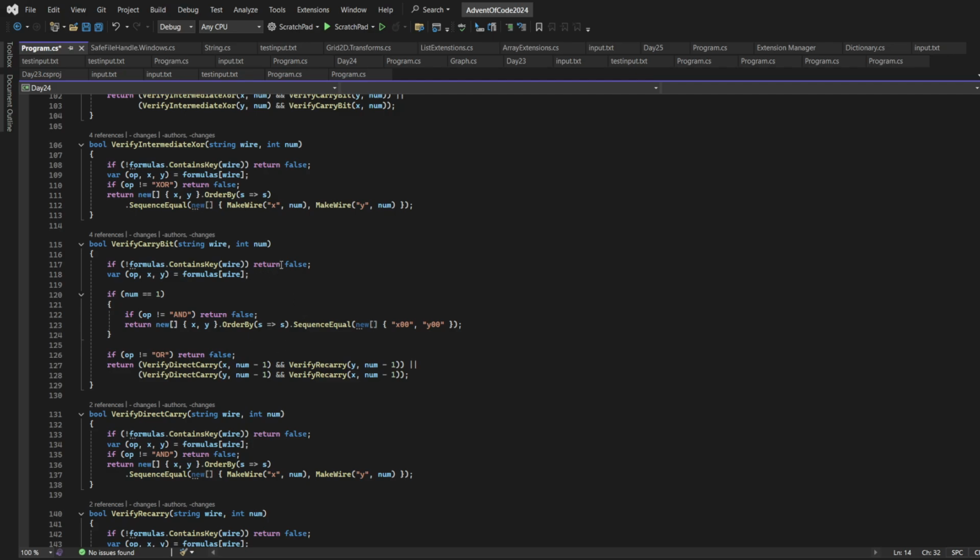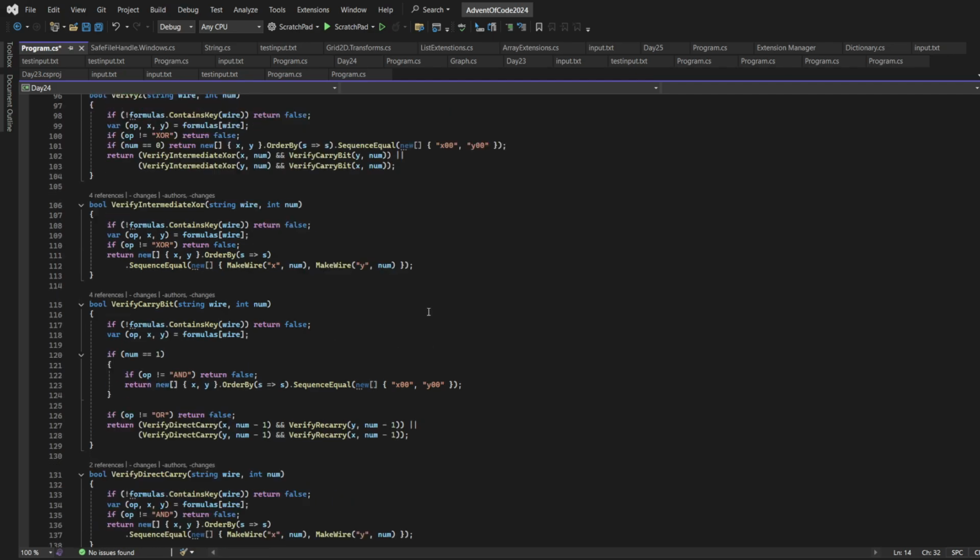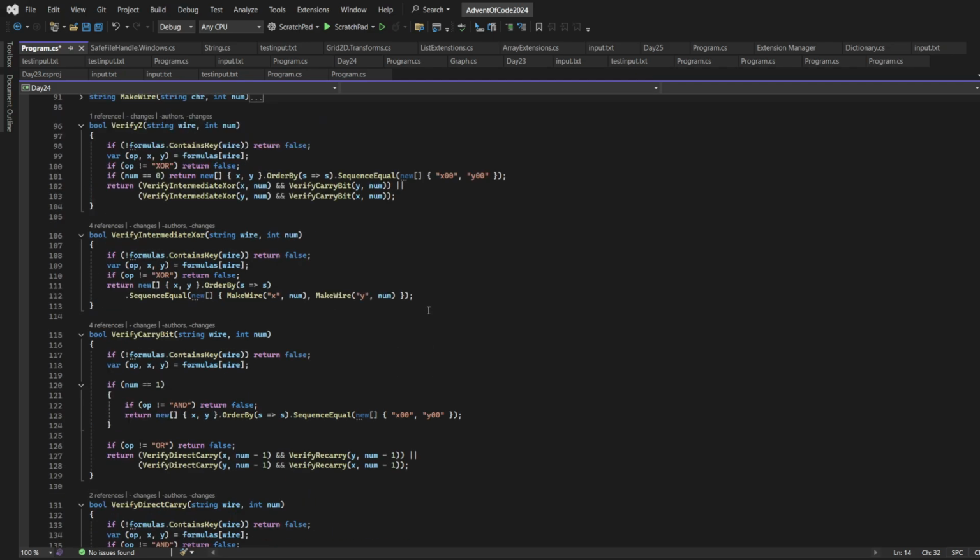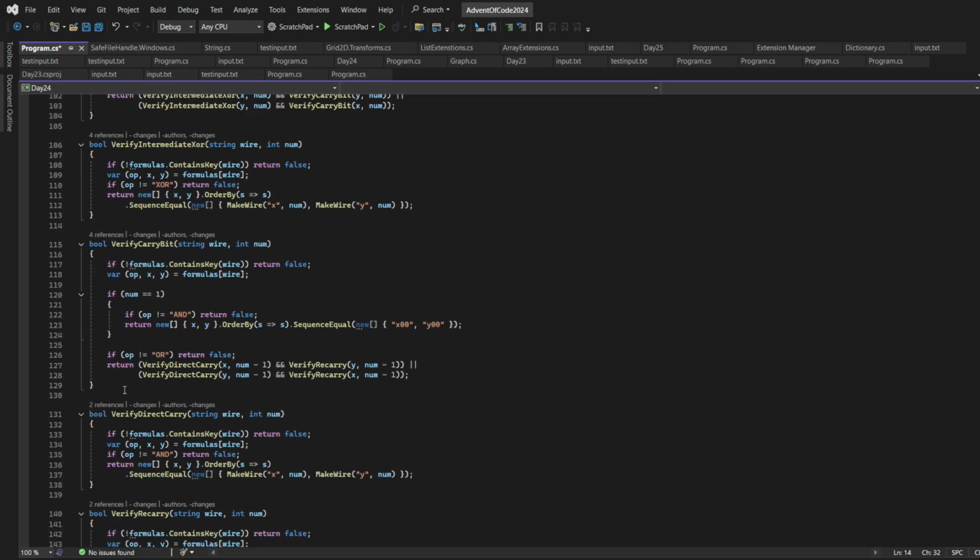And we can look at this as a tree. When we check a wire, we need to check that the wire values are correct, and these verify functions will verify that they are correct.